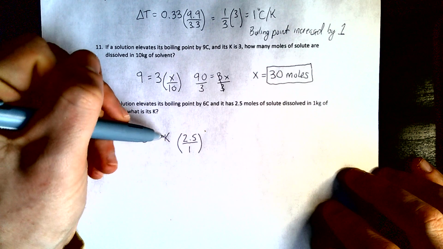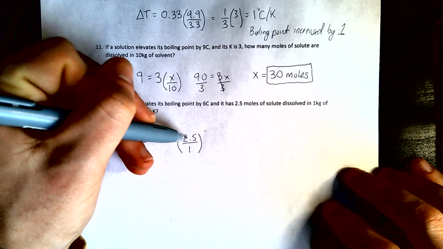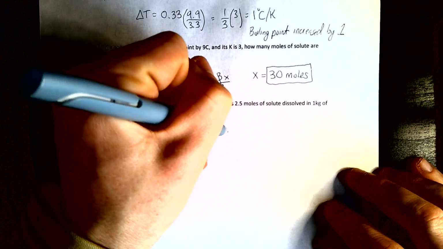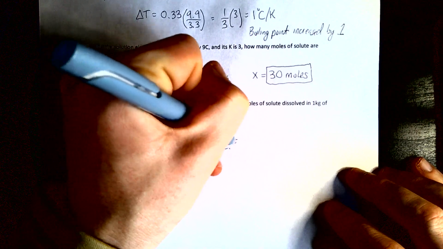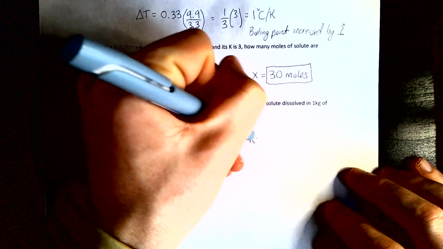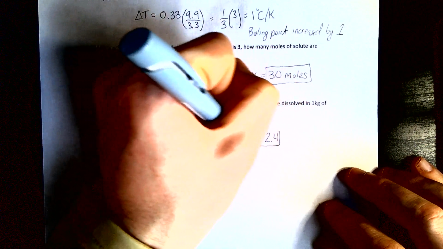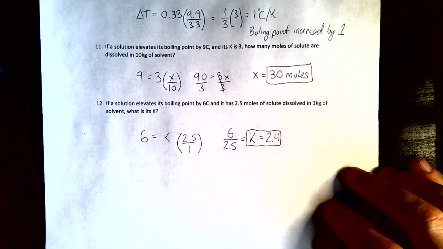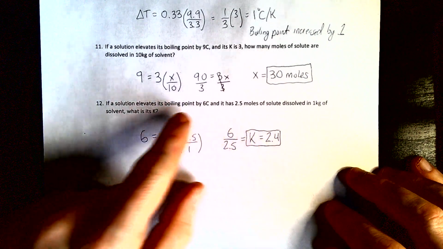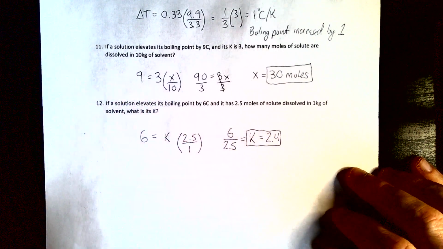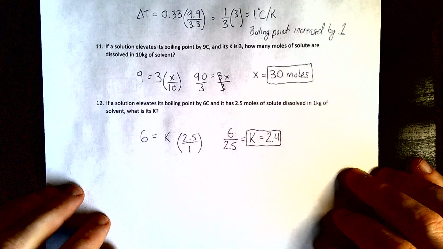And since we want to get K isolated, we're going to divide by 2.5 on both sides. Here, K should be positive because we're talking about boiling point, and boiling point increases.